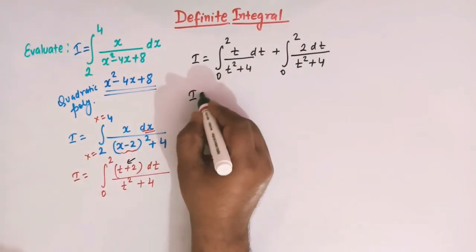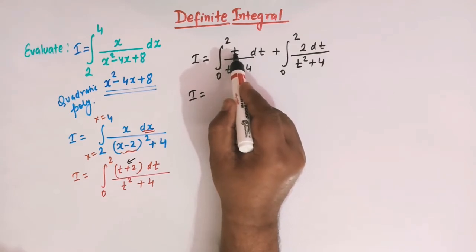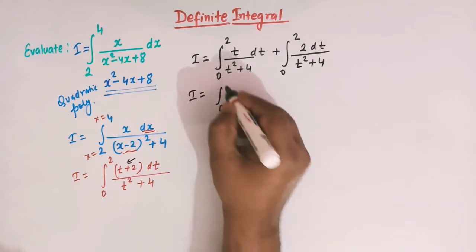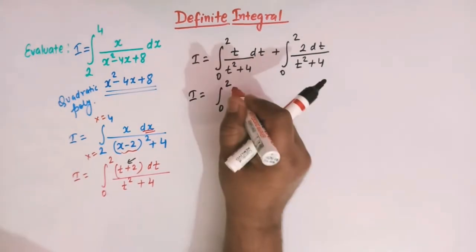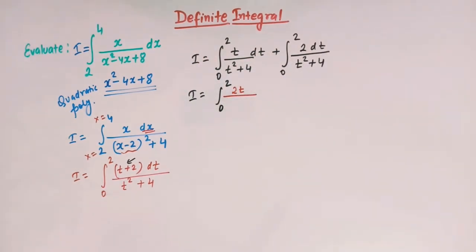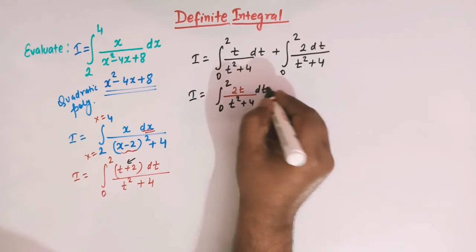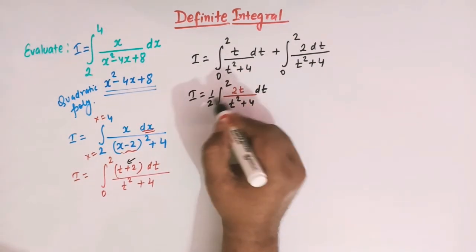In the first, we'll multiply this t by 2 and divide by 2, so we have 0 to 2, 2t over t square plus 4 dt, with a half, so that 2 and 2 get cancelled.